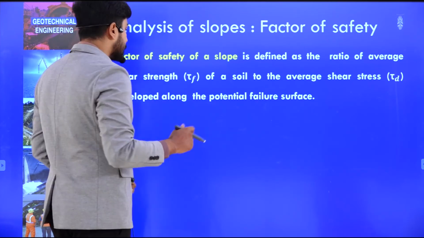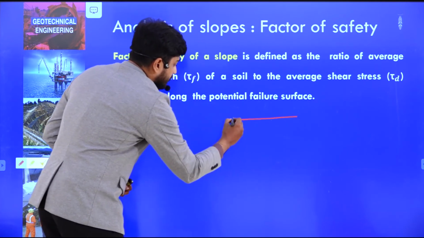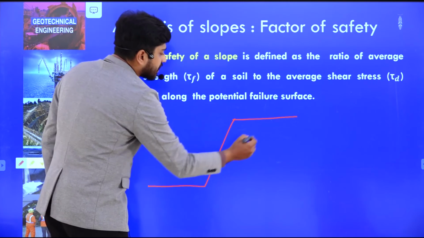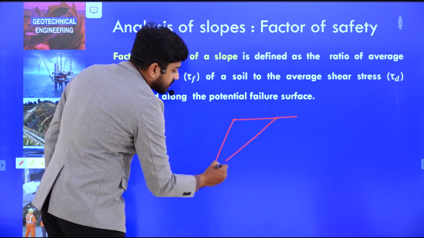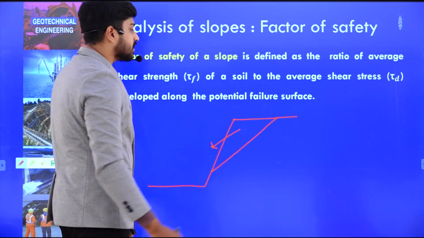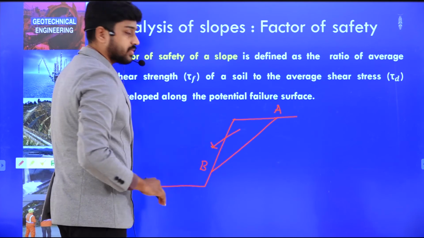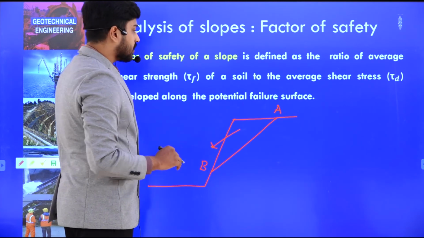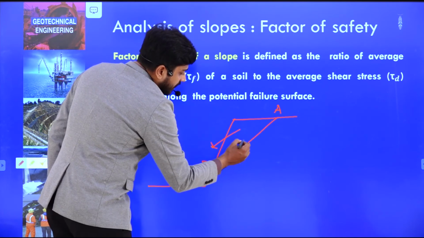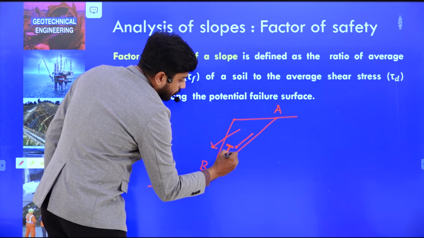Okay, so let us say this is one sloping surface. For the time being I am stating that this soil is sliding in this manner at A and B. Just for the time being, this is in the form of a straight line. So I may say that let the shear force that is occurring here be tau.